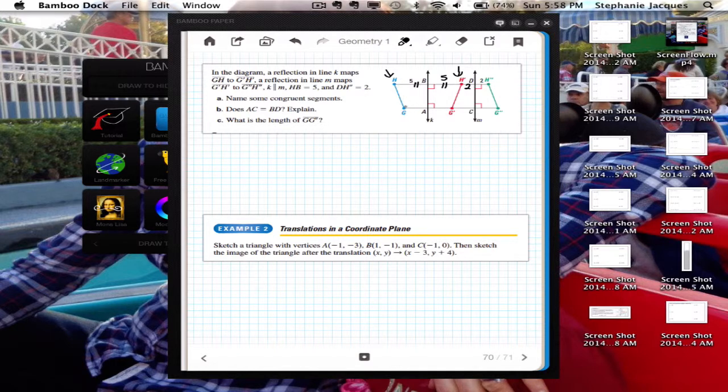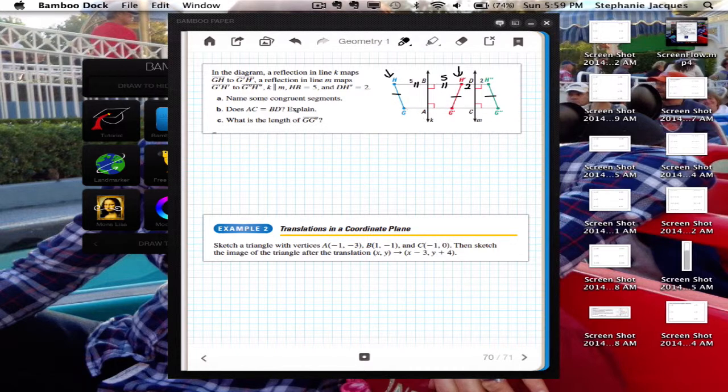And we also know that GH is going to be congruent to H prime G prime, and is also going to be congruent to H double prime G double prime, because they're the same segment, they're just being reflected and translated.